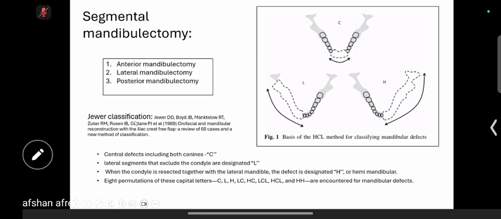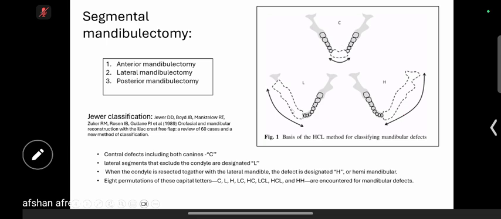There is a classification which was proposed by Jewer et al. in 1989, in which they have denoted different kinds of segmental mandibulectomy with capital letters. The capital letter C they have used for the central defect, which includes canine to canine. L they have used if we spare the condyle, and H they have used for a heavy mandibulectomy, or when the condyle is included.